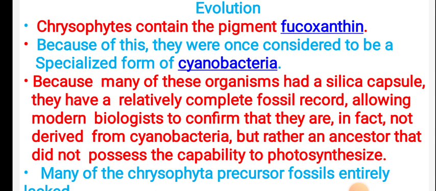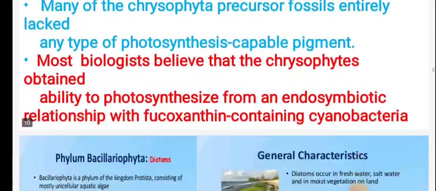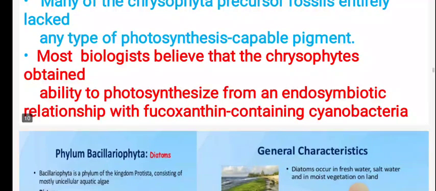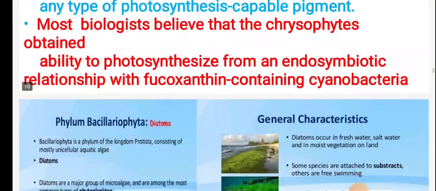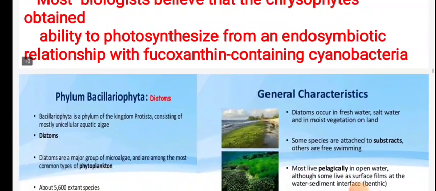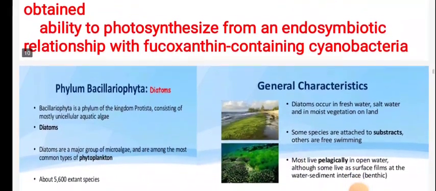According to modern biologists, they are in fact not derived from cyanobacteria, but from an ancestor that did not possess the capability of photosynthesis. Most biologists believe that the chrysophytes obtained the ability of photosynthesis from an endosymbiotic relationship.